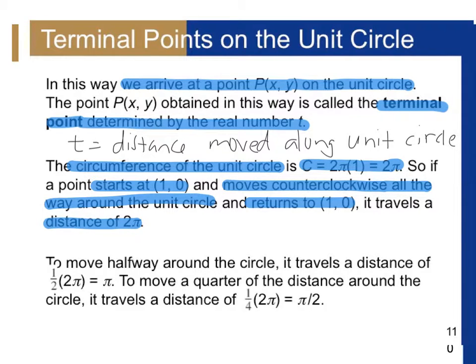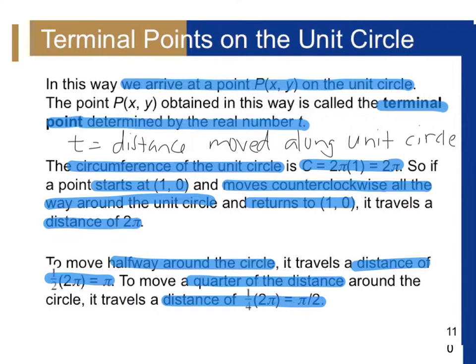If we move halfway around the circle, you're going half of 2 pi, which is pi. And to move a quarter of the circle, we move a distance of 1/4 times 2 pi, which is pi over 2. So we can measure those distances as fractions of 2 pi, because 2 pi is the distance all the way around the circle.